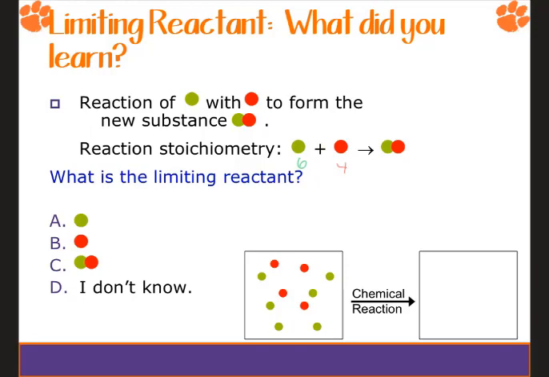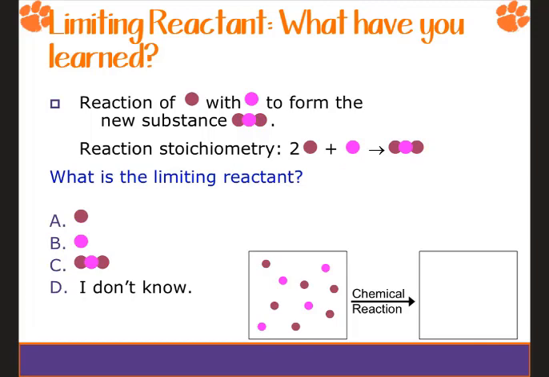So the red is your limiting reactant. You can also look at this picture and circle: here's 1 product, here's 2, here's 3, here's 4, and I have the green ones left over. Again, I'm going to run out of my red first.